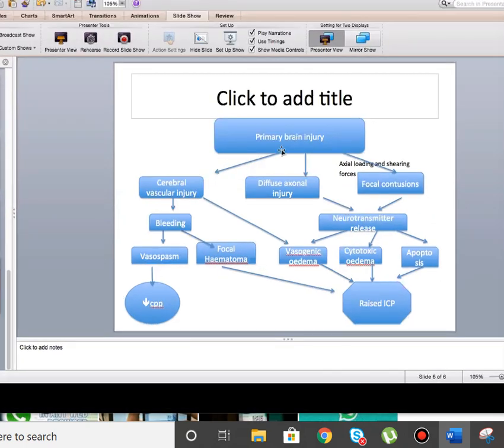Okay, can somebody tell me what are the different clinical pictures or injuries you can see due to cerebral vascular injury? Subdural, subarachnoid hemorrhages, hematoma. Okay.